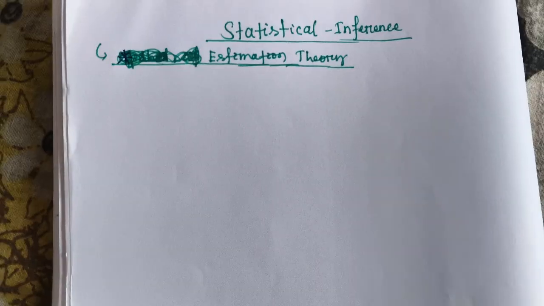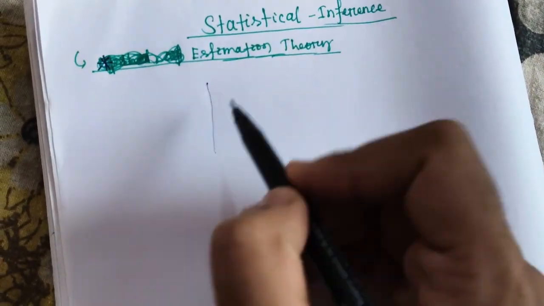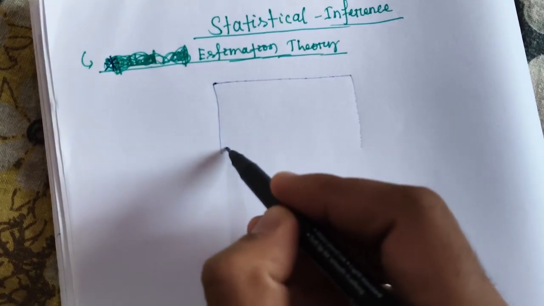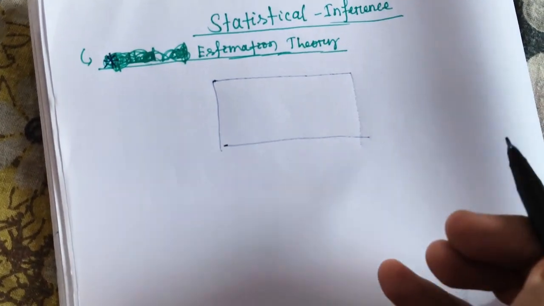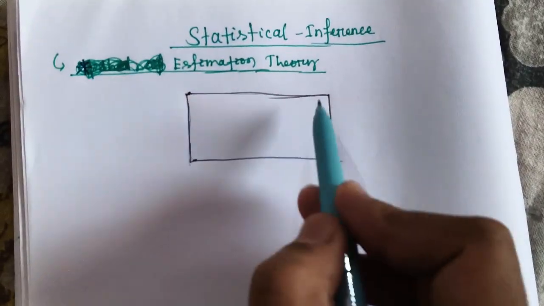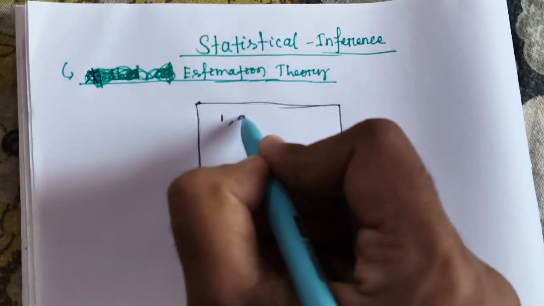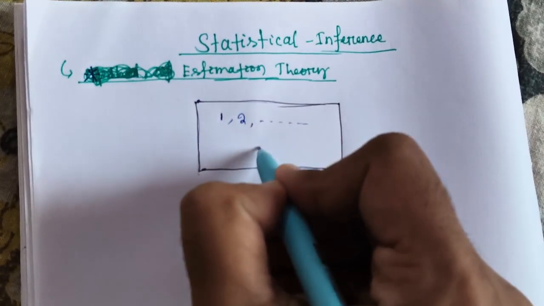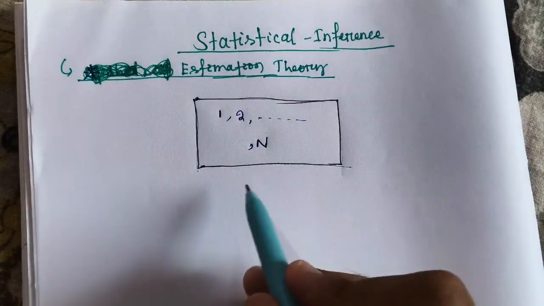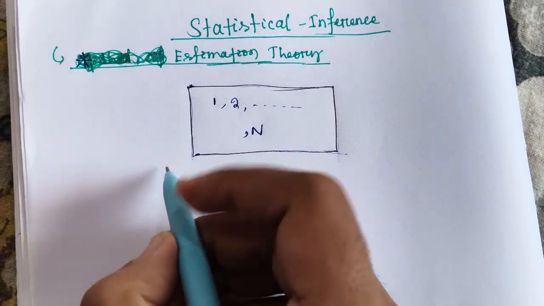Why we need this? Let we have a large number of population. Let this be my population. This consists of n units up to capital N. So let we have three enumerators.